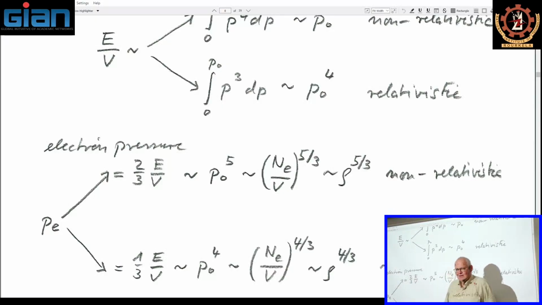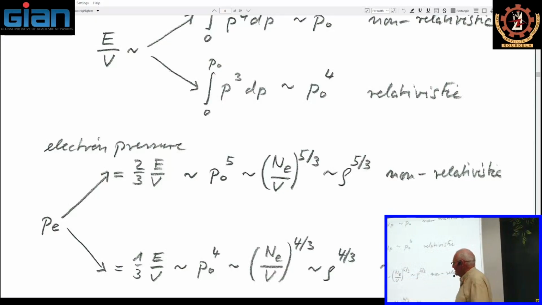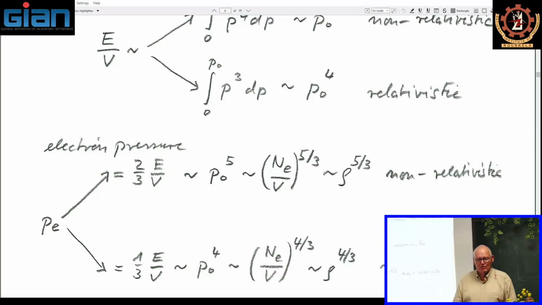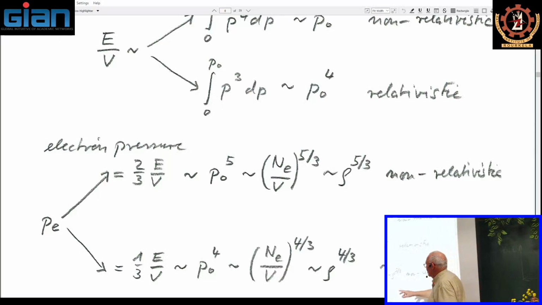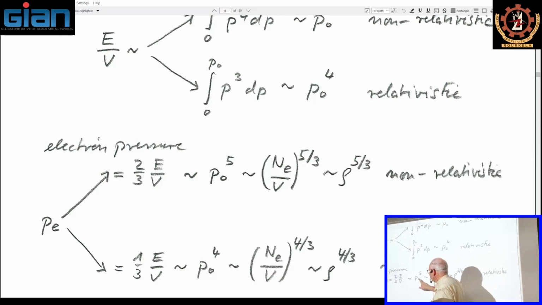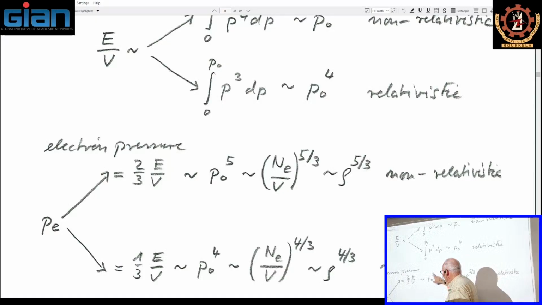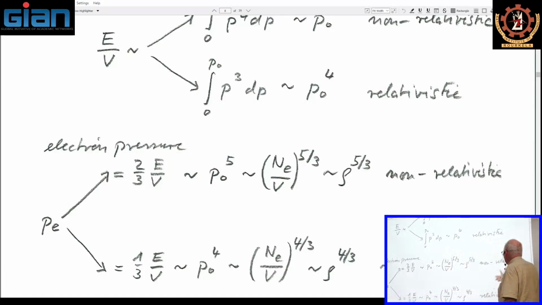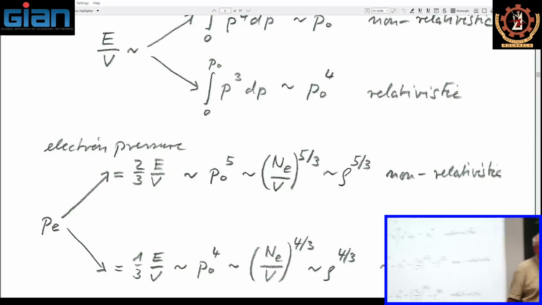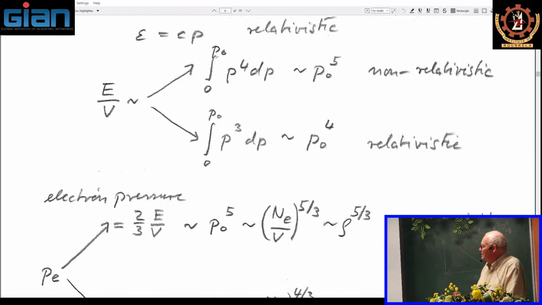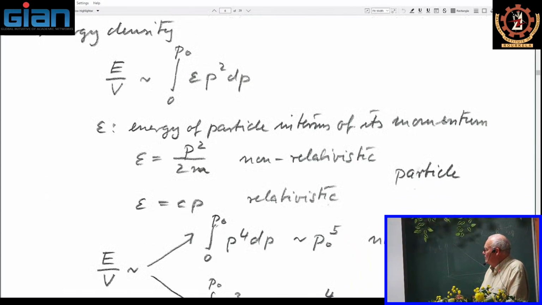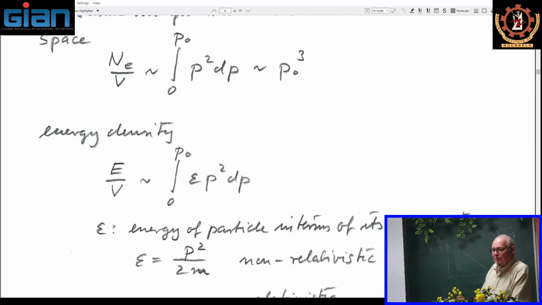Actually, in the following, these 2 factors will not matter. It's the dependence on the maximum momentum which will matter in a second. So the pressure of the electrons goes with the maximum momentum to the 5th power in the non-relativistic case, and with the 4th power in the relativistic case. Now we know that the maximum momentum is related to the number density of particles. The number density goes with the third power of the maximum momentum.